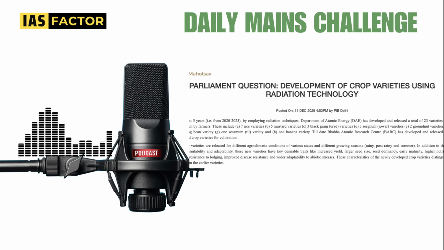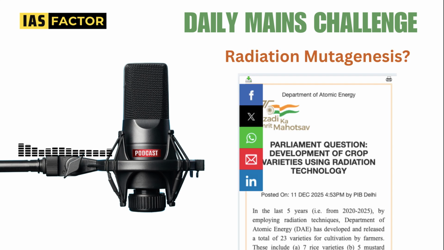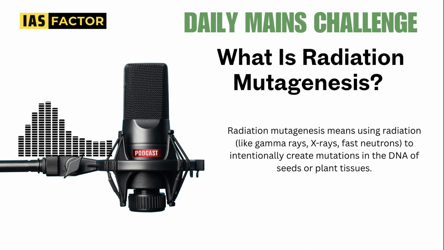What exactly is this? Till date, Bhabha Atomic Research Centre has developed and released different types of crops. So in this regard, you need to know what exactly is the concept of this radiation technology or radiation crop or radiation mutagenesis. We need to find it out, and let's start the area.